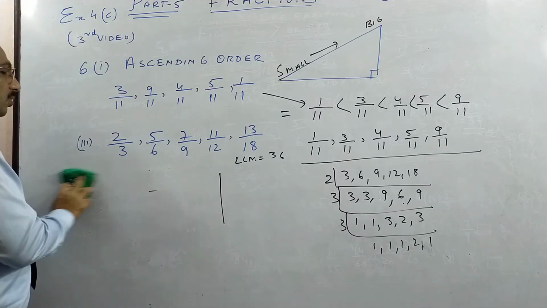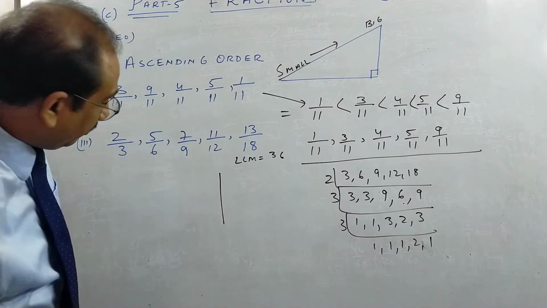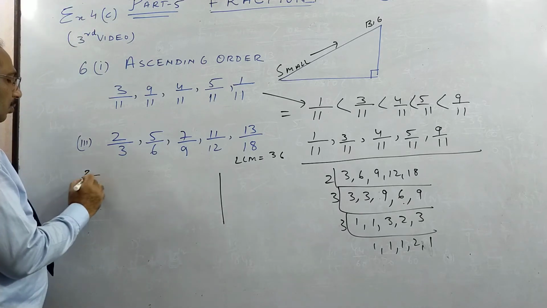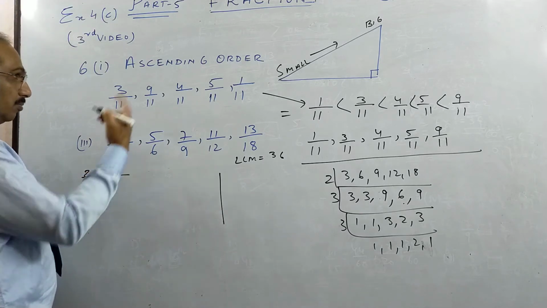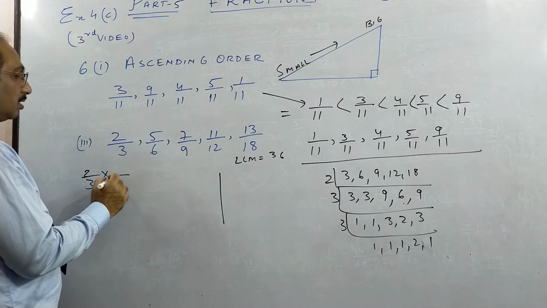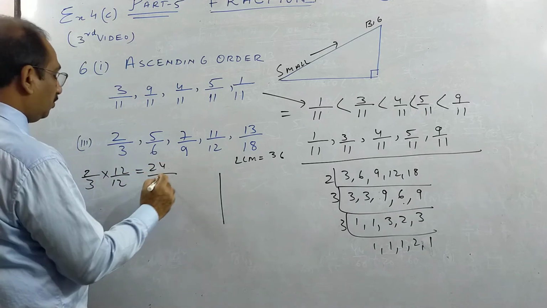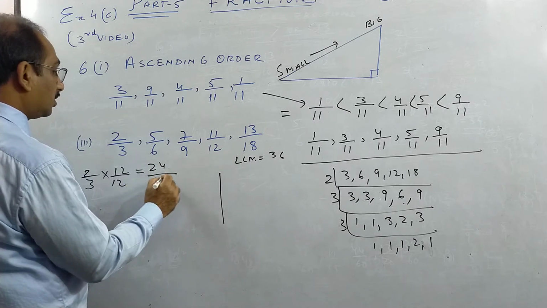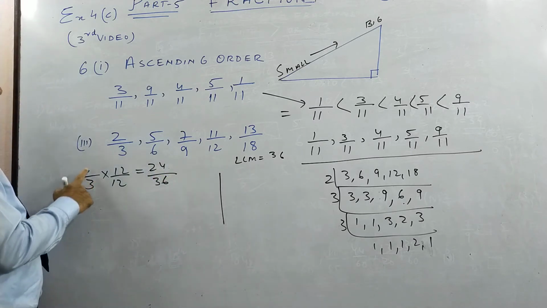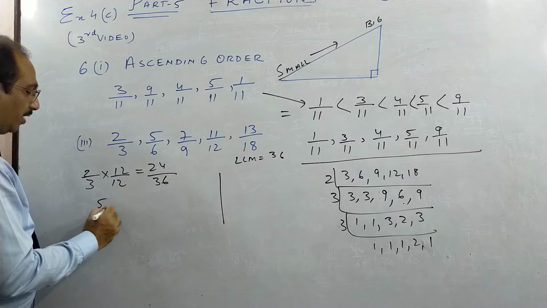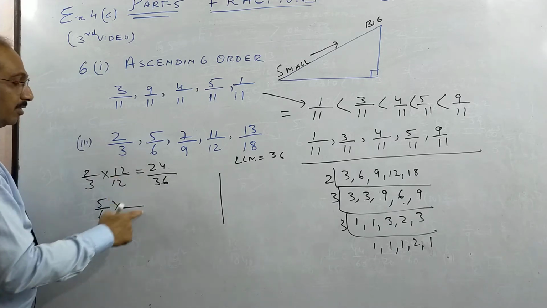Here I'll go a little faster because I have already explained this concept in my previous video. So 2 by 3 becomes this. 5 by 6, you multiply with what?